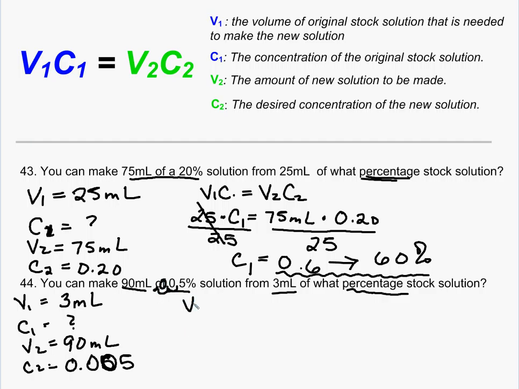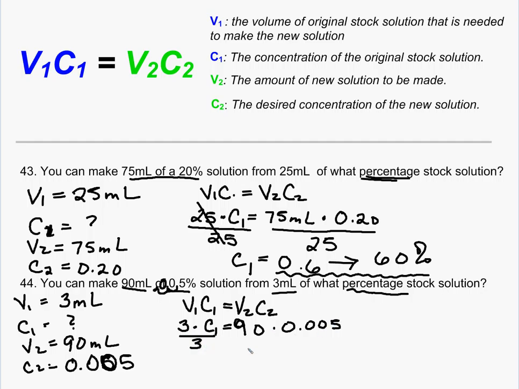Okay, now let's put that into the formula. And I get 3 milliliters times my unknown is equal to 90 milliliters times 0.005.